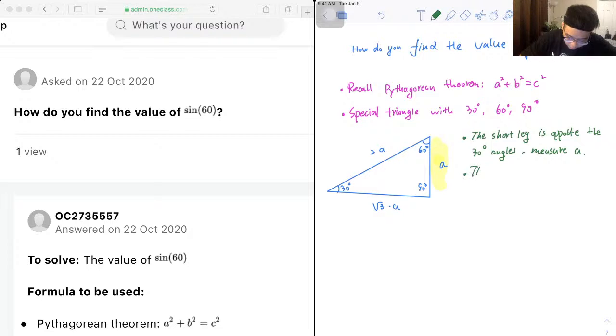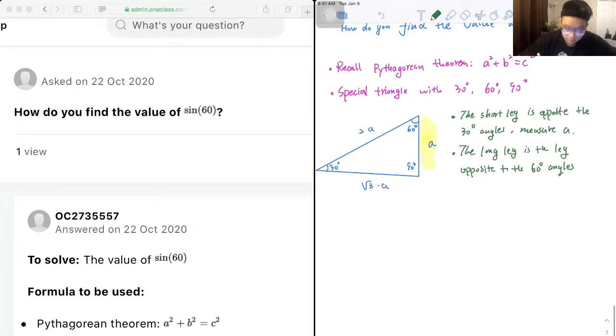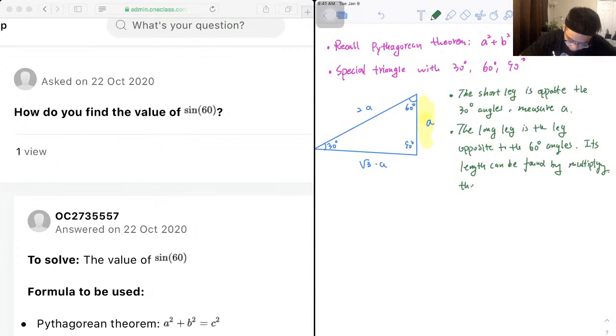And the long leg is the leg opposite to the 60-degree angle. And its length can be found by multiplying the short leg by root 3.